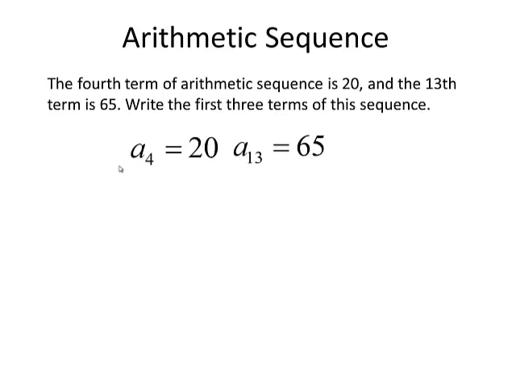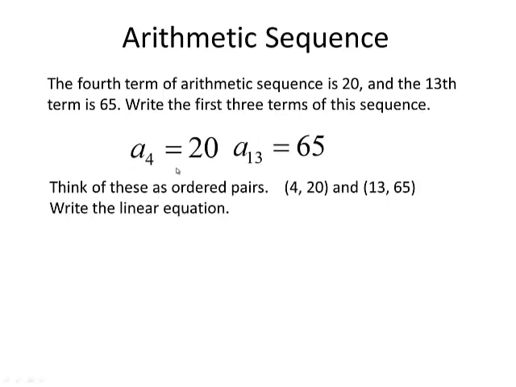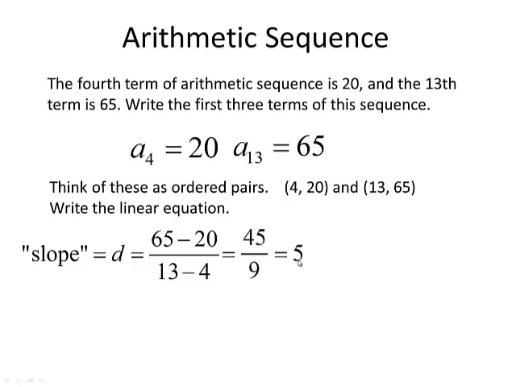So you have a sub 4 is 20, a sub 13 is 65. Now if you think of this as two ordered pairs, (4, 20) and (13, 65), you should be able to write a linear equation for that. That's algebra 1. So you find the slope, or the common difference, 65 minus 20 over 13 minus 4, which gives you 5. So that's your common difference.